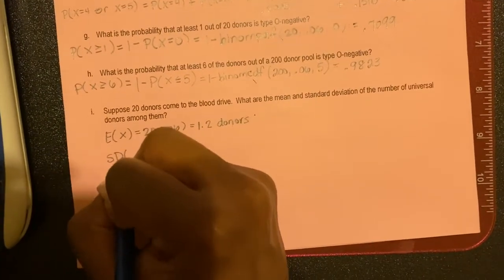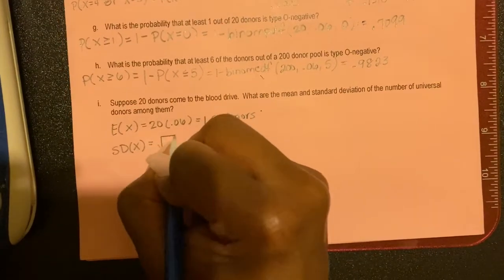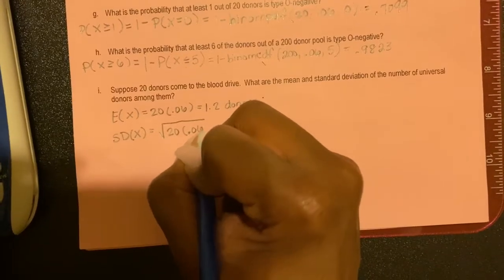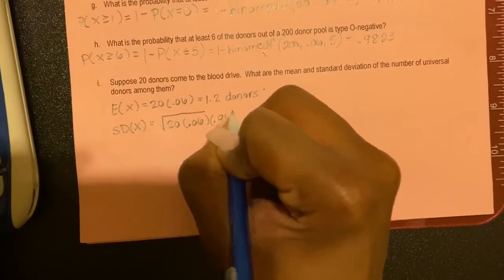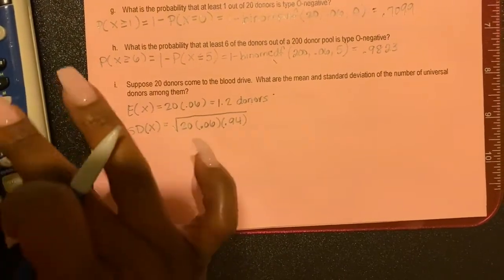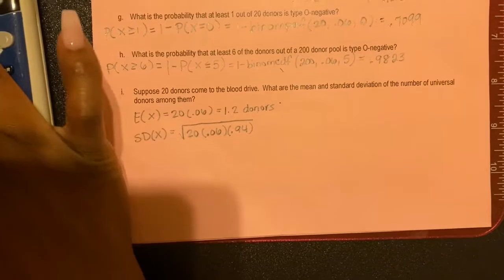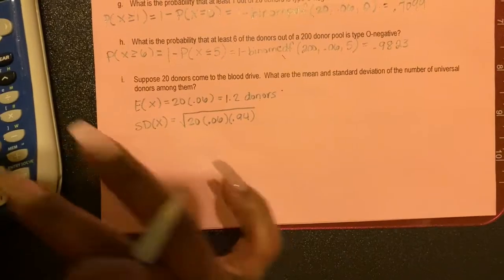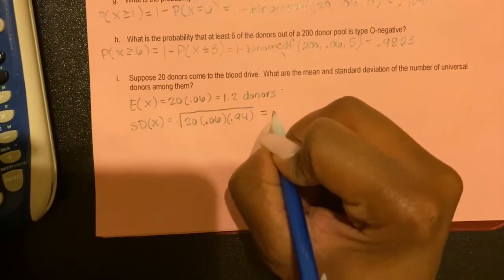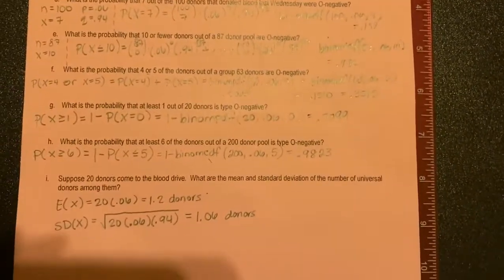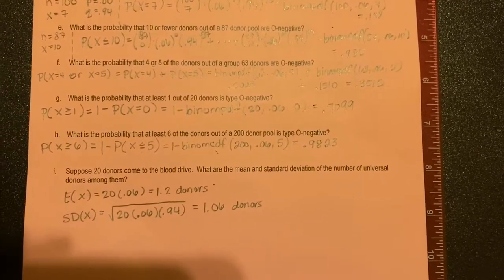And the standard deviation for that would be the square root of NPQ. And so that would be approximately 1.06 donors. Okay, so if you have any questions, make sure you write them down in your notes.